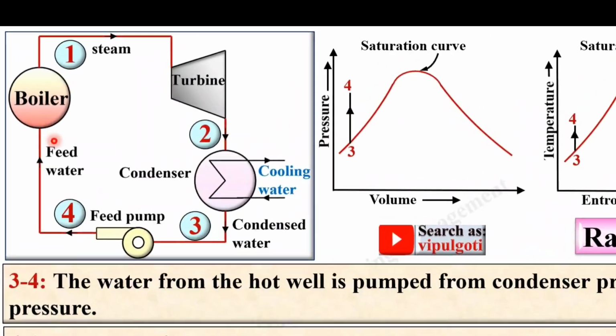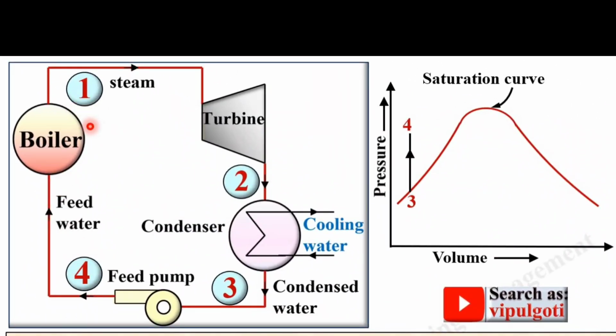Next, the 4-1 process. The water is heated up to the saturation temperature in the boiler, and that is indicated by 4-4 dash. So here you can see 4-4 dash. And then during the process 4-1, water is completely converted into dry saturated steam.